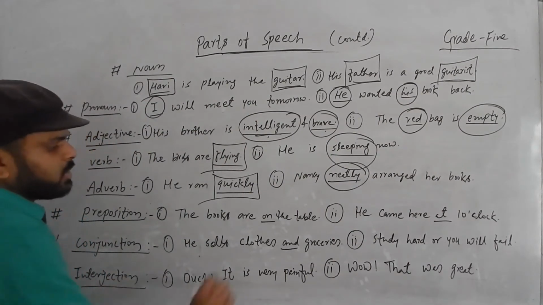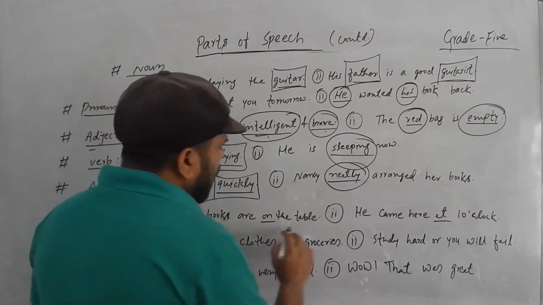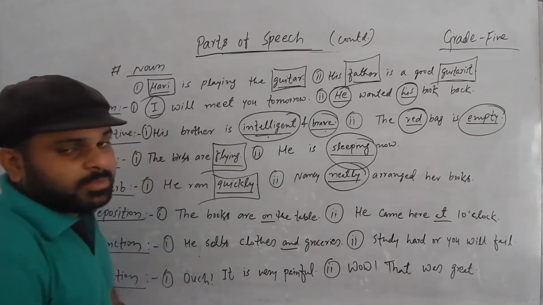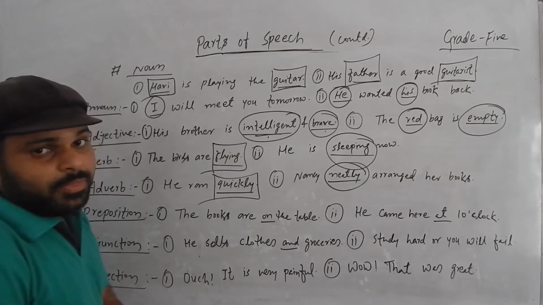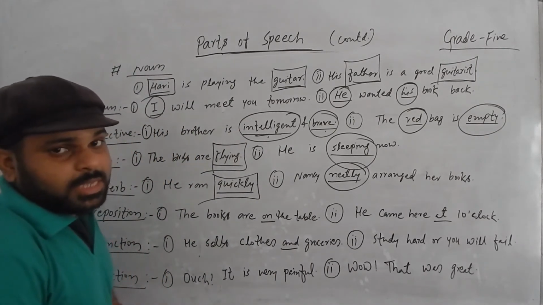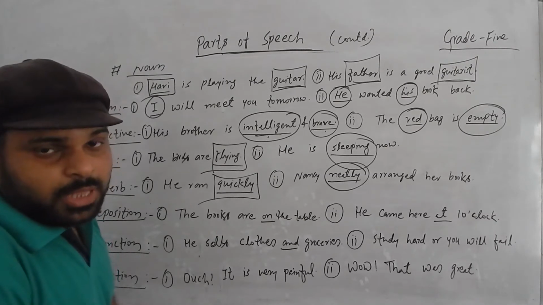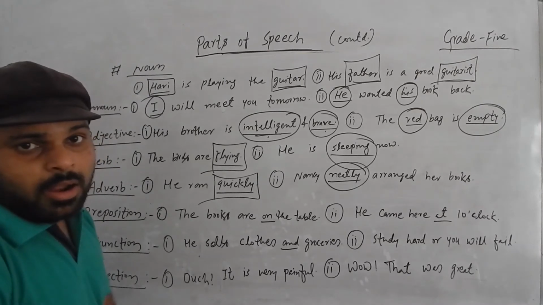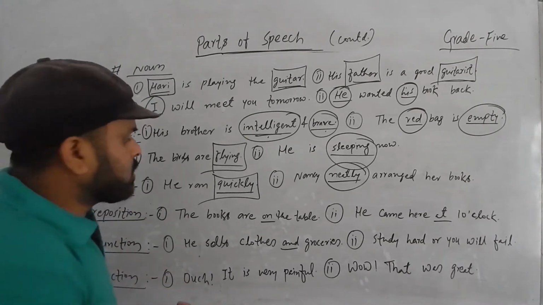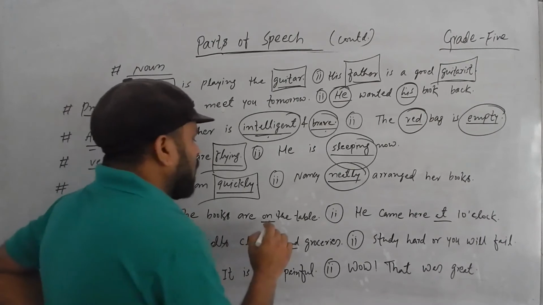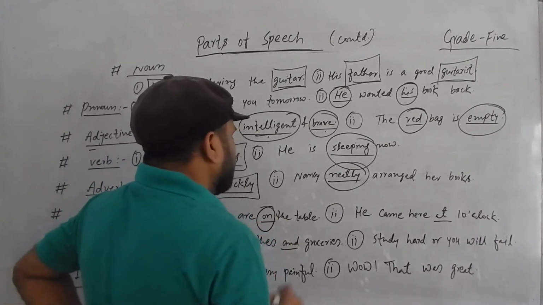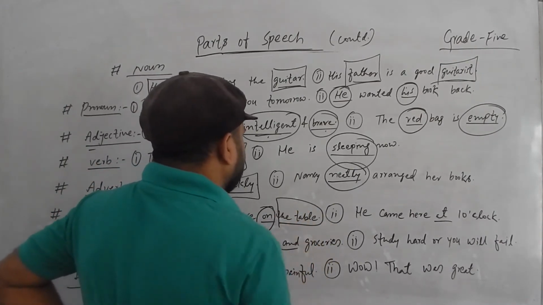Preposition. The books are on the table. We have just discussed what a preposition is. It's the word that shows what? Relation with the noun or other words. So the books are on the table.